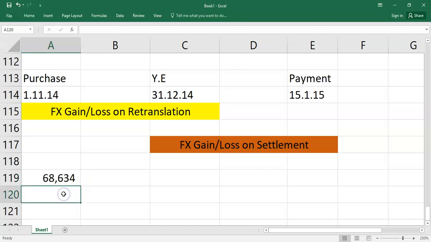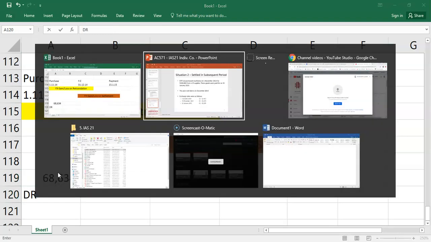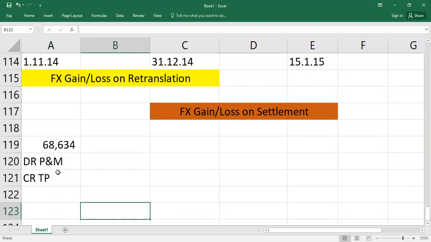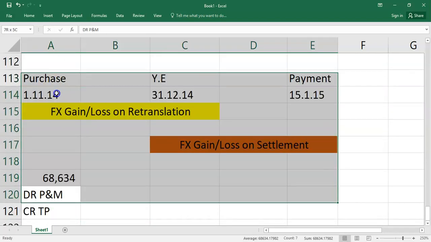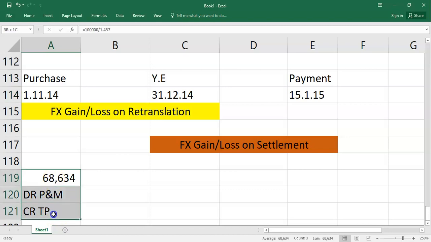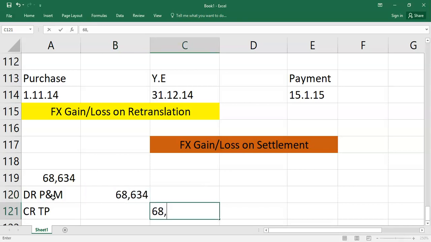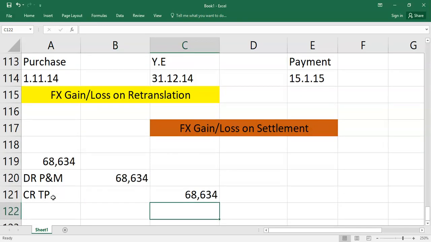That is $100,000 divided by the spot rate at that date, and that will be debit PPE, or plant and machinery, and you'll credit trade payables, or in this case you could call it other payables. So that will be the entry on the 1st of November: debit plant and machinery, credit trade payables, 68,634. That's your first entry done.